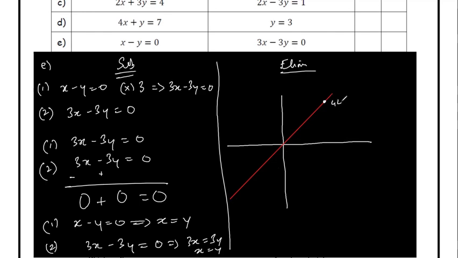So suppose it's 4 and 4, 2 and 2, 0 and 0, -2 and -2, -4 and -4. So I'll take -5 and -5. It could be any value; x and y would be the solution as long as x is equal to y. Got it?